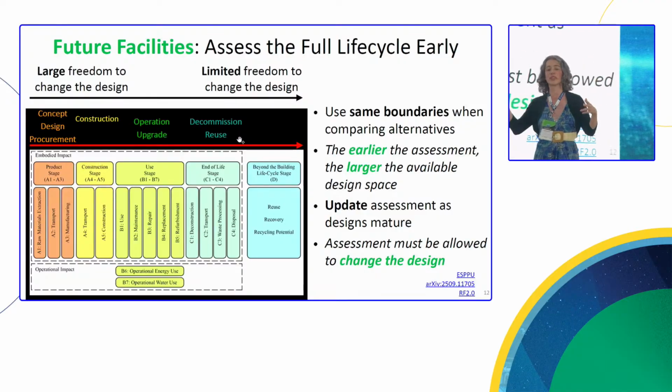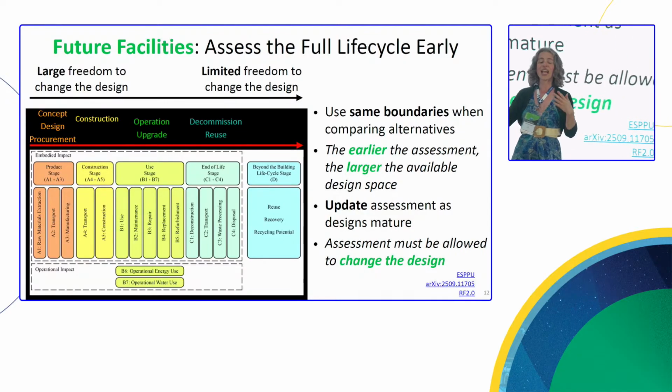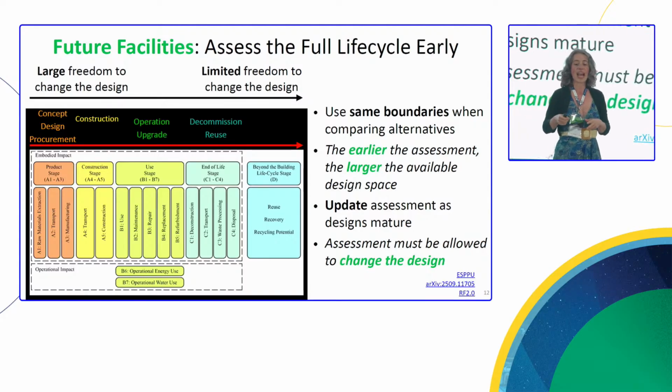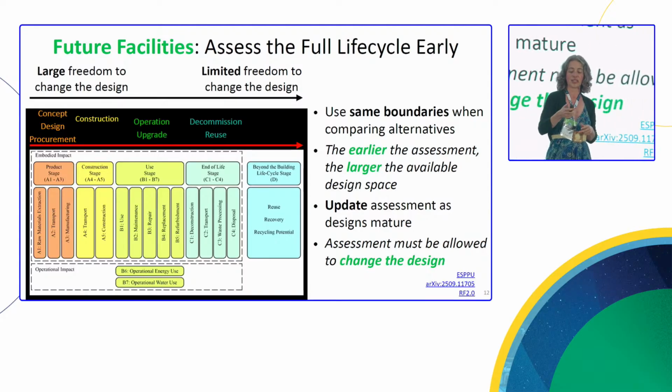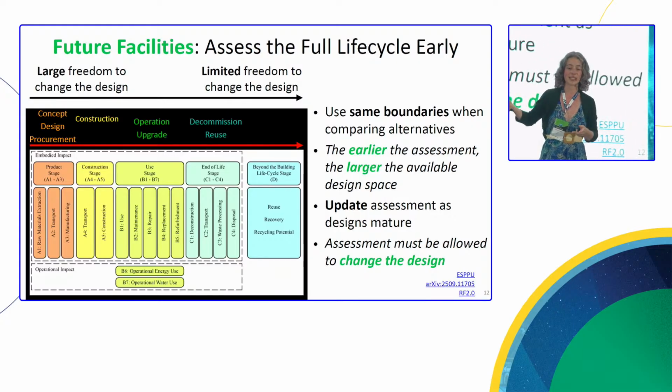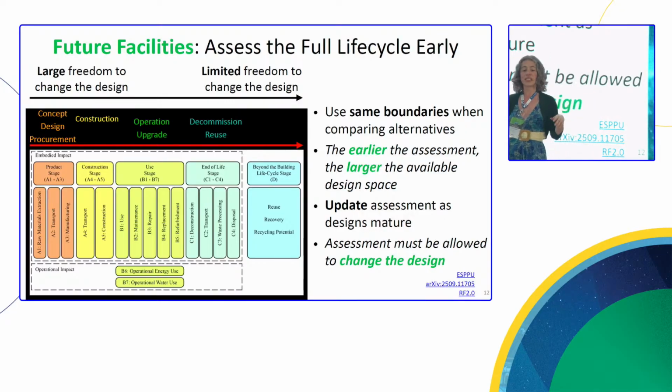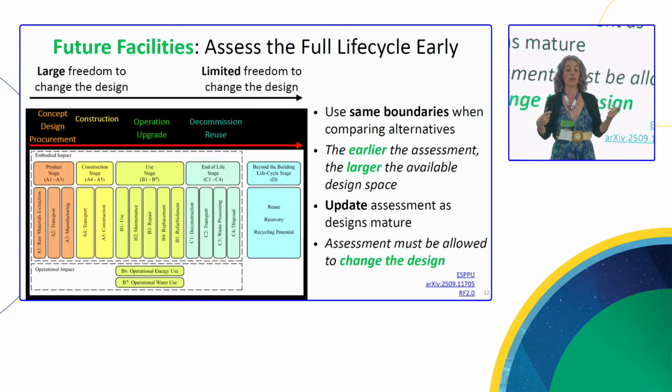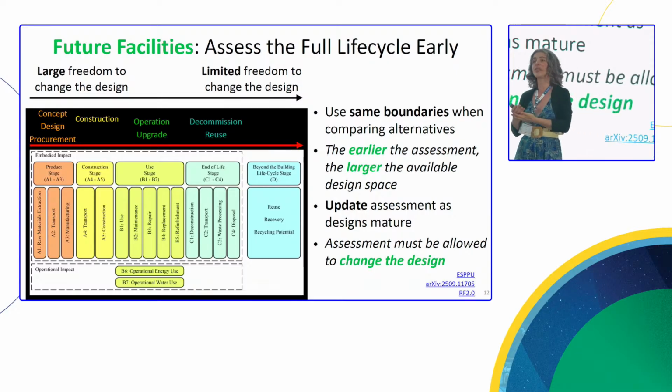And one thing that we should do when comparing different alternatives is to use the same boundary conditions. But also the other thing that you see when looking at this is that the earlier the assessment, the larger the available design space. Because as we go through the life cycle, the freedom to change the design decreases. So what we need to do is also update the assessment once our designs mature, and then that assessment must be allowed to change the design.